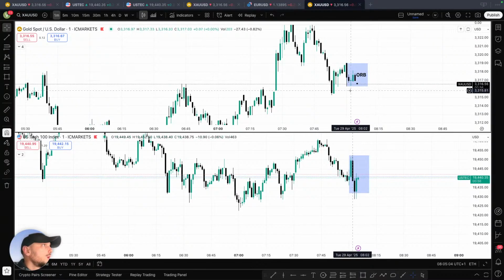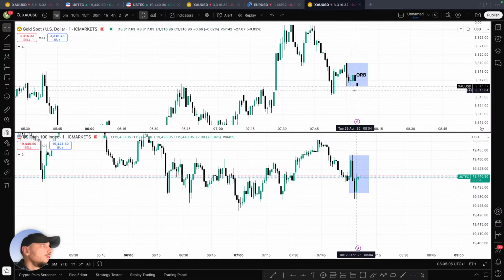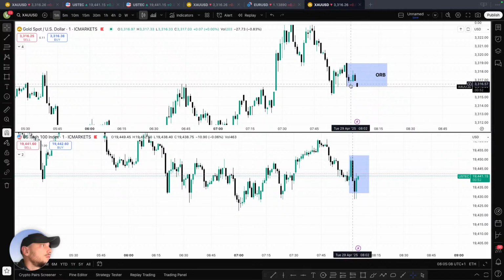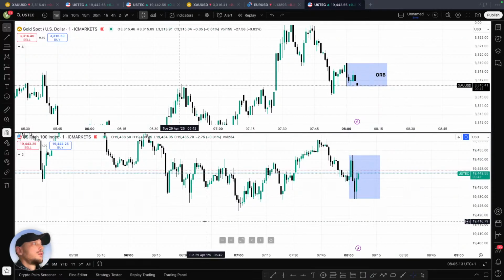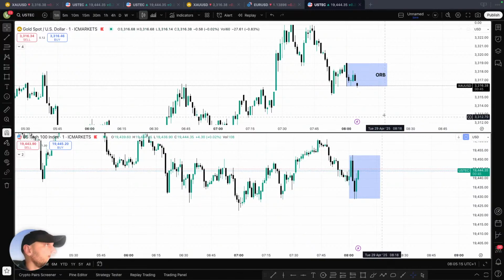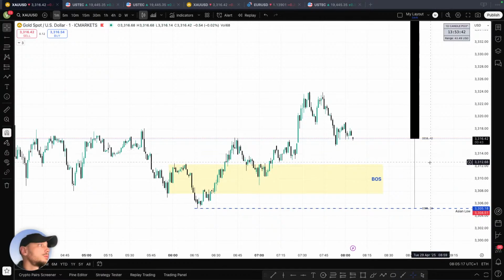Right. So we have our ORB. 1, 2, 3, 4, 5 candles. There we go. This is the ORB. And we can be ready. Gold breaking below, I would say yes.